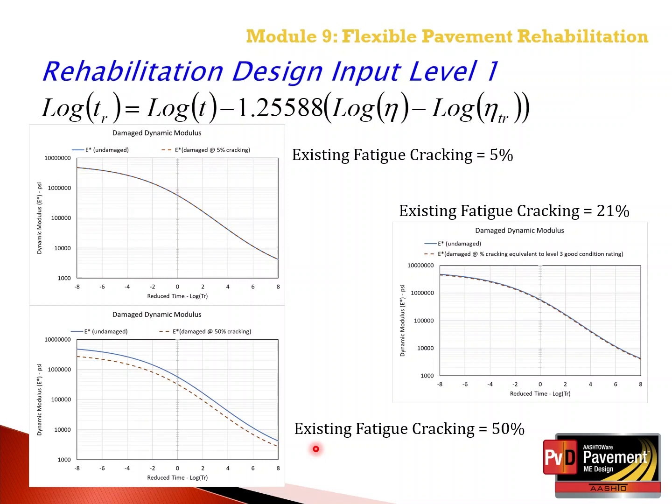And so if a user is using input level 1 and sees that there is a big difference between the damaged and undamaged layer moduli, then the program is going to determine that there is a lot of bottom-up fatigue cracking in the existing asphalt layer.